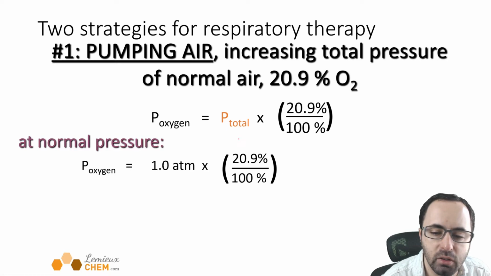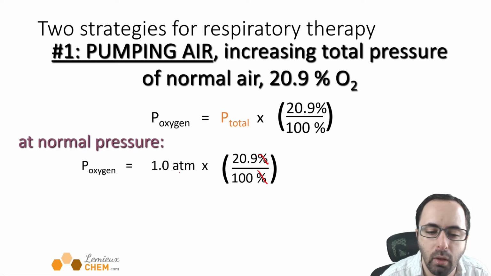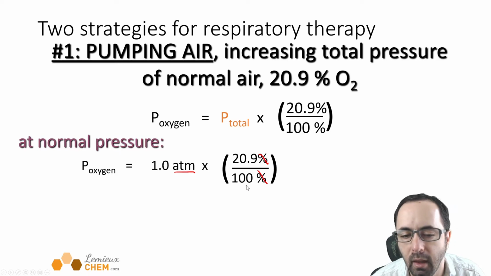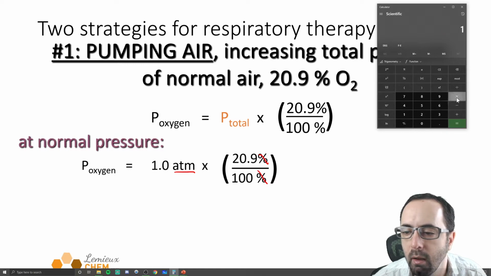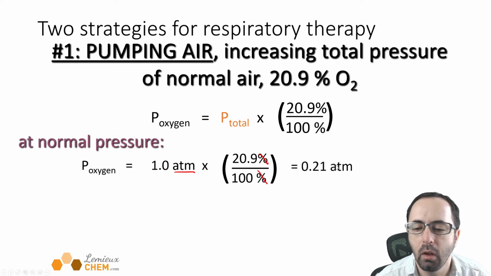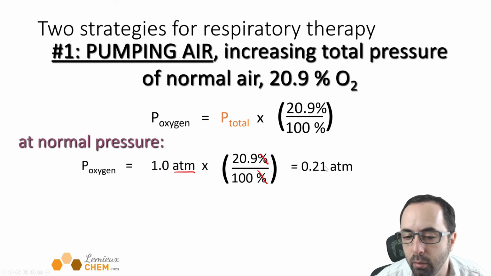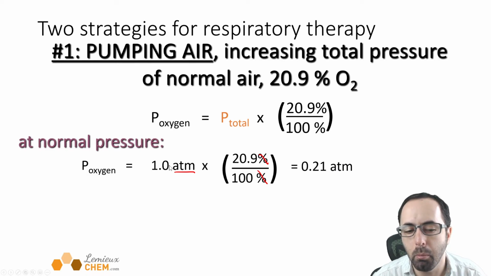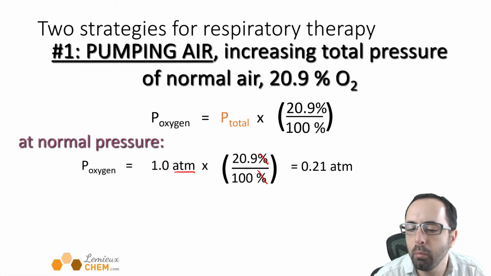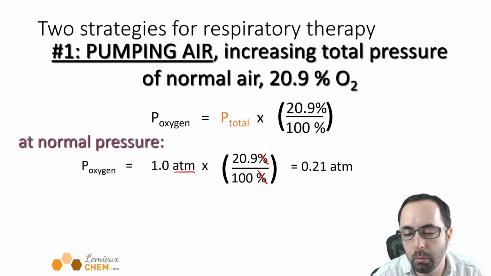Again, our percentages cancel, and we'll end up with units of atmospheres. Okay, and so we calculate that out: 1 times 20.9 divided by 100. You could probably figure this out without a calculator, but it's 0.209 atmospheres, or 0.21 if we're going to 2 sig figs here, because the 1.0 has 2 sig figs. So that is the partial pressure of oxygen that we're normally breathing.